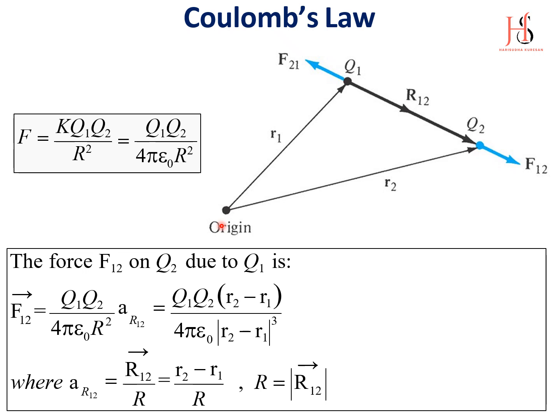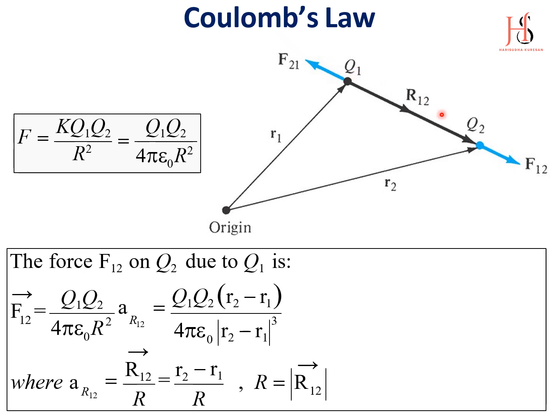R1 is the position vector of charge Q1 from the origin, and similarly R2 is the position vector of charge Q2 from the origin. R12 is nothing but the displacement vector or the distance vector between the charges Q1 and Q2.